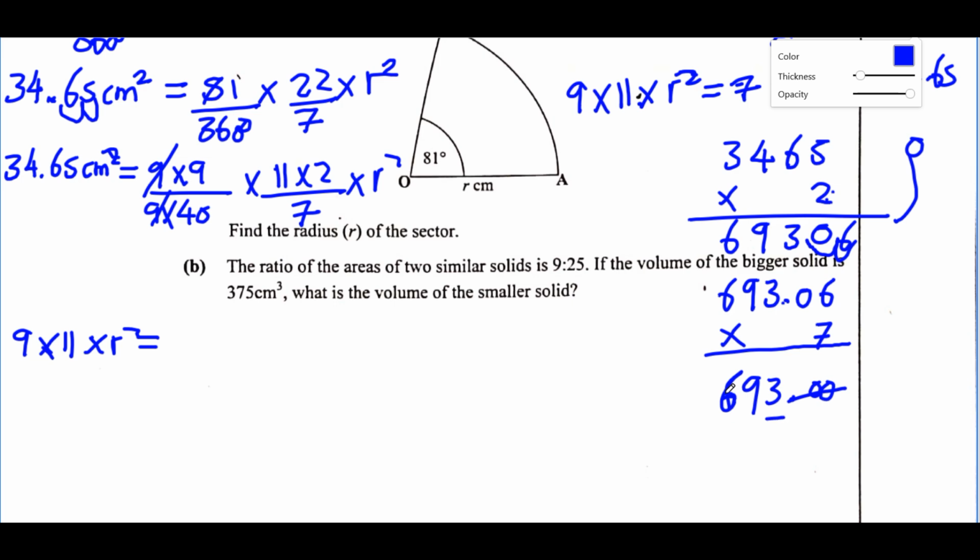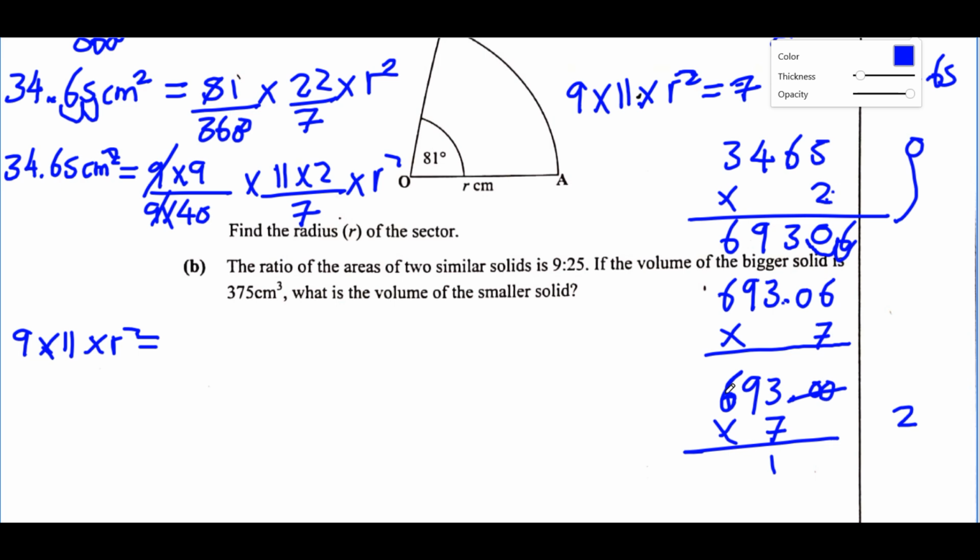Then we're going to multiply by 7. So times 7. So 7 times 3 will give us 21. 1, we keep the 2. 7 times 9. So 7 times 7 is 49. 49 plus 7 is 56. 56 plus 7 is 63.